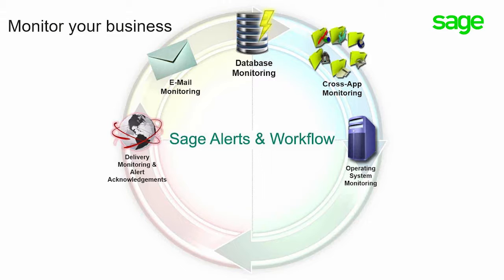It's no good if you send someone an alert message and they don't get it. It's no good if you send someone an alert message and they don't have time to take on that particular task. With Alerts in Workflow, not only does it check to make sure the alerts are successfully delivered, it actually gives the recipients the ability to acknowledge receipt of an alert and even specify what action they're going to take on that alert.